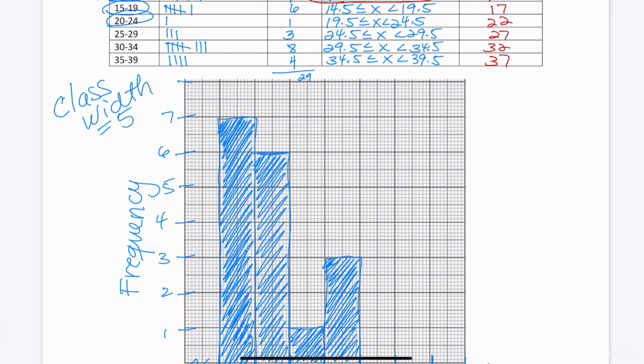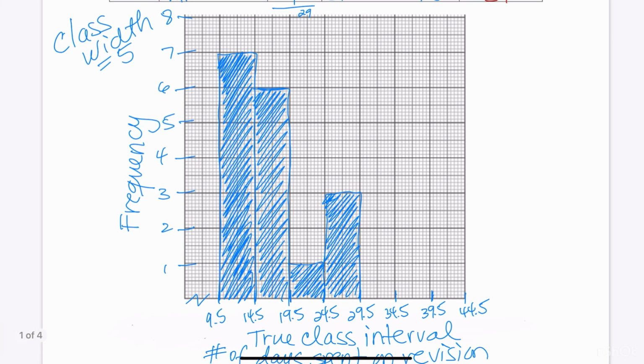I guess we did have to go up to 8 because I didn't see it the first time. So 8 and 4. So this one's going to go all the way up to 8. And the last one's going to be 4.